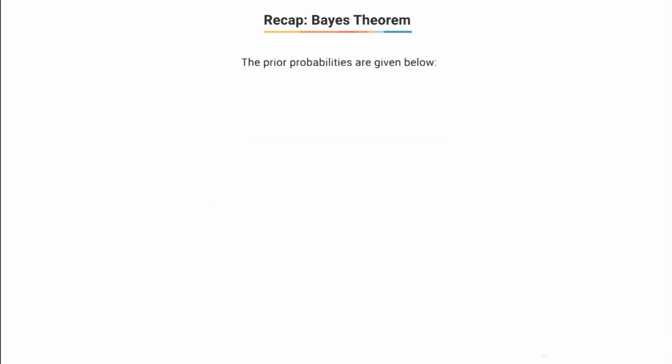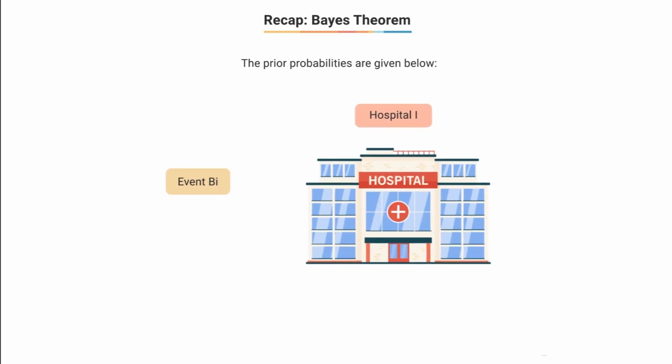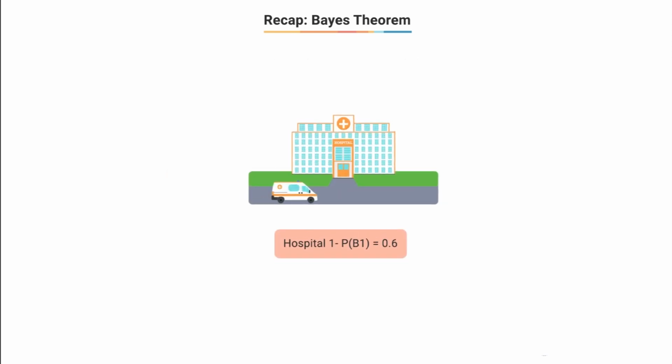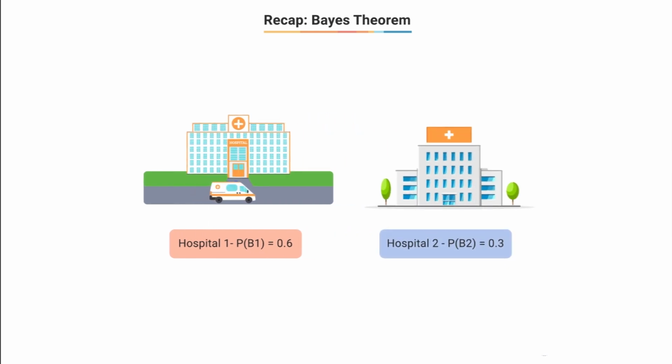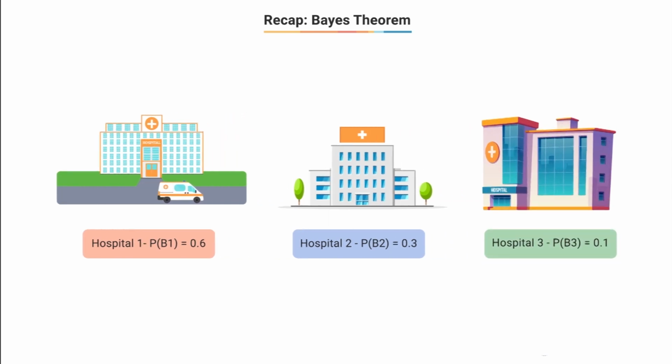Let's say we are given the following prior probabilities. Let's consider event Bi as the event that a patient is treated at hospital i. Thus, the probability that a patient was treated in hospital 1 is P(B1), which is 0.6. Similarly, the probability that a patient was treated in hospital 2 is P(B2), which is 0.3. And the probability that a patient was treated in hospital 3 is P(B3), which is 0.1. So these are our prior probabilities.